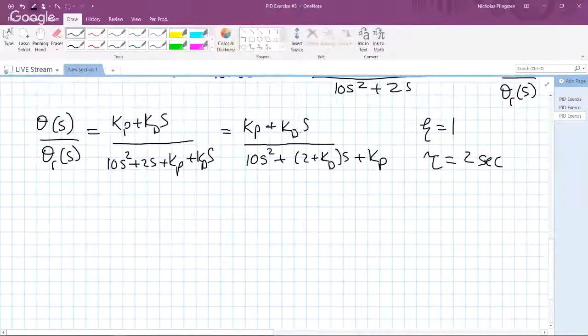Okay. So knowing these, we can figure out some stuff. We can figure out that this is 1 over sigma. So that means sigma is just 0.5.